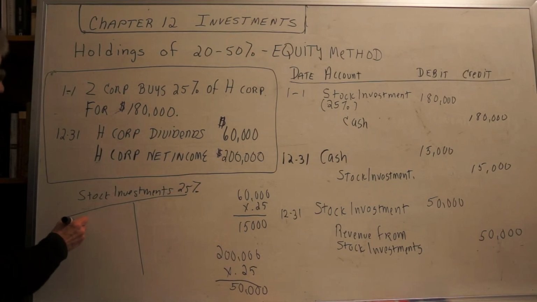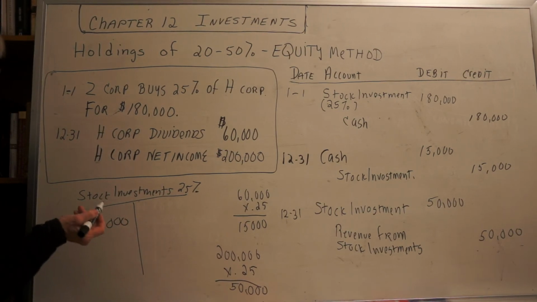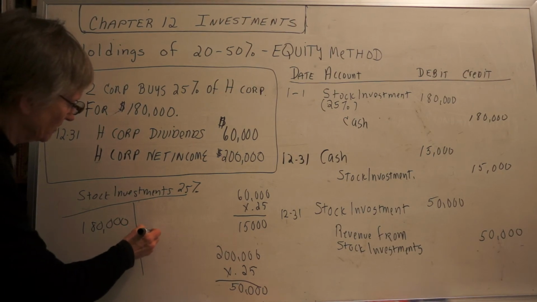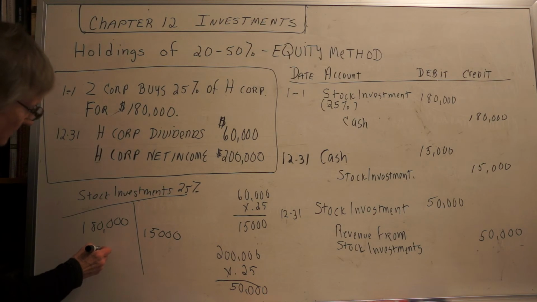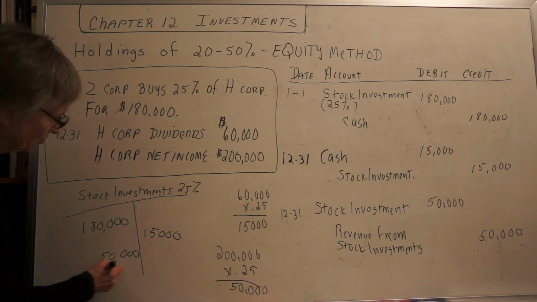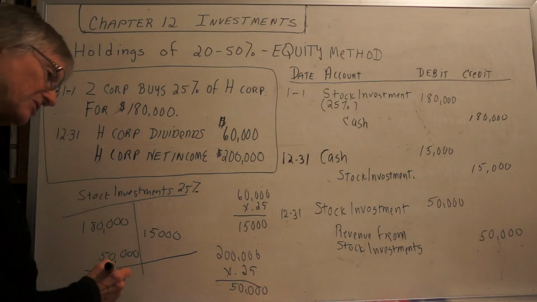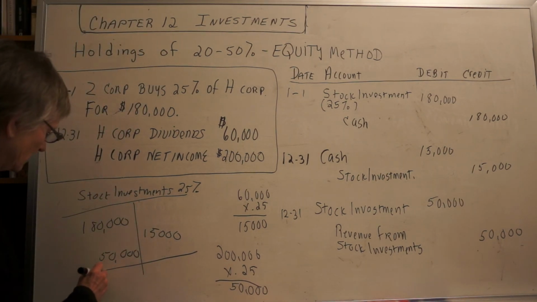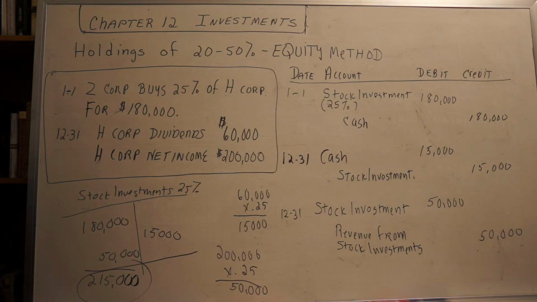We started out with the 180,000 in it, when they paid the dividends, we reduced our holdings by 15,000. And then when they declared the net income, we increased it by our portion of their net income. So we end up with a balance of 215,000.